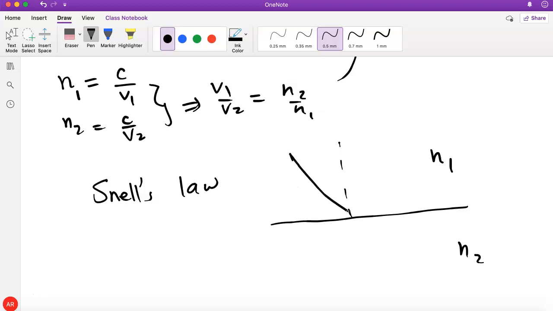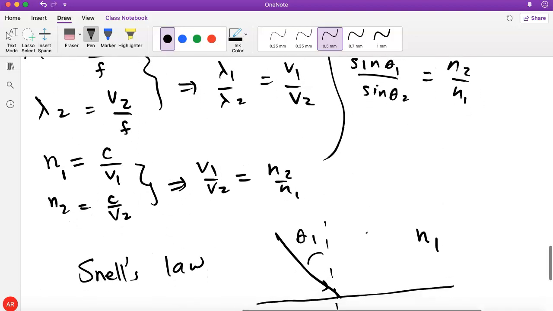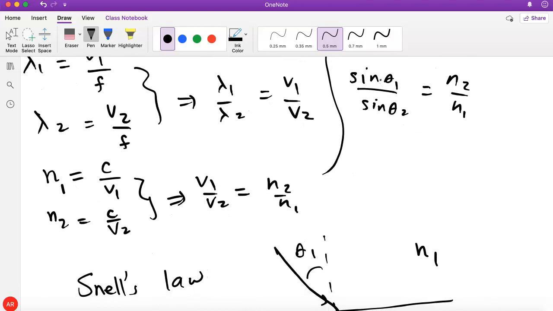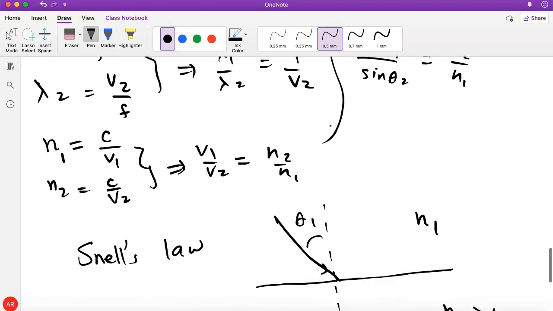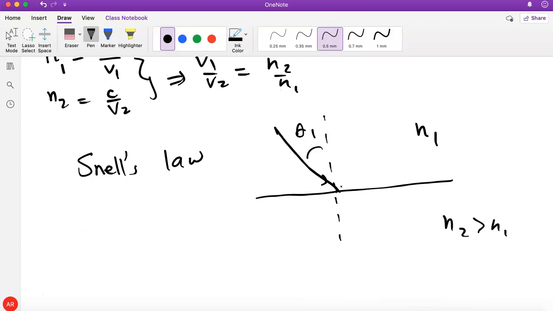You have a ray at some incident angle theta 1, and let's say there you have air, and here you have a piece of glass or water or some other transparent material with an index of refraction larger than 1. So let's say n2 is larger than n1. If that equation is satisfied, sine of theta 1 must be larger than sine of theta 2, so theta 2 must get smaller. So this ray bends and gets closer to the normal.